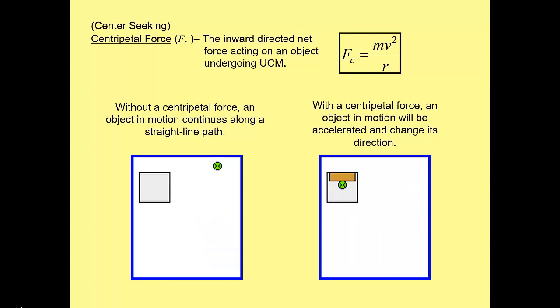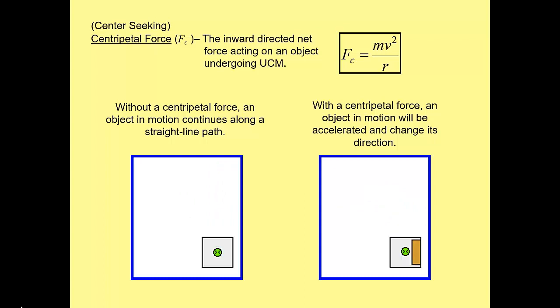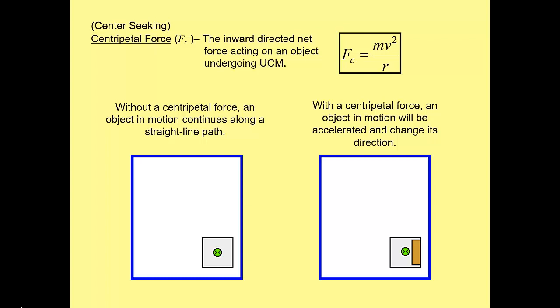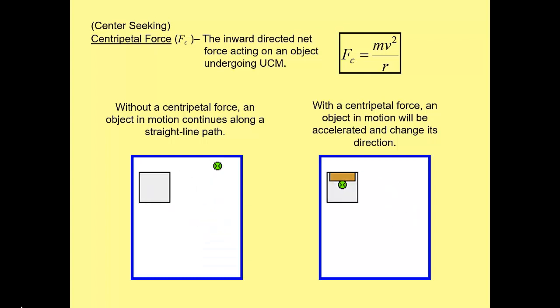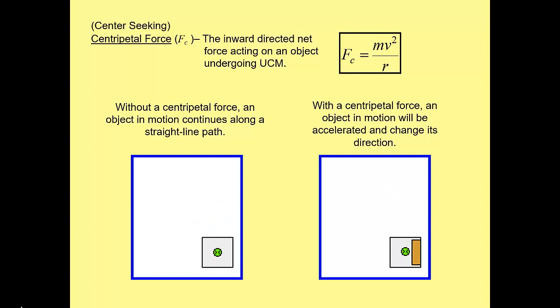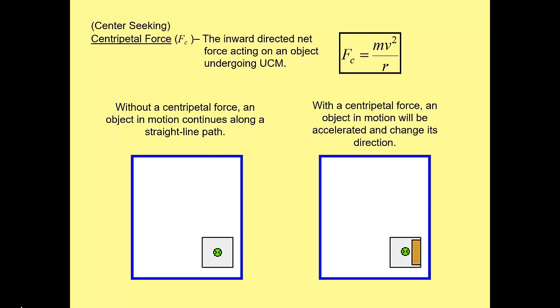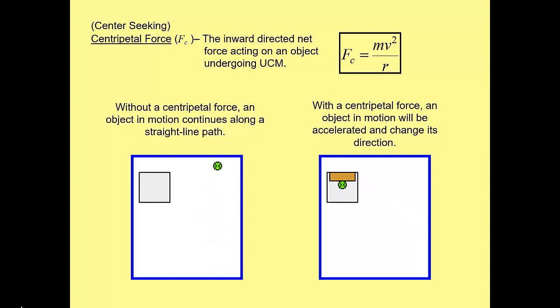This might be like you in a passenger seat of a car. That door's there. That door is going to push in on you, keeping you moving in the circle with the rest of the car. Otherwise, out you go, and you go off tangent to the circle. So this would be like a normal force in this case. Not a new force, but just whatever force pushes inward and keeps you moving in a circle.